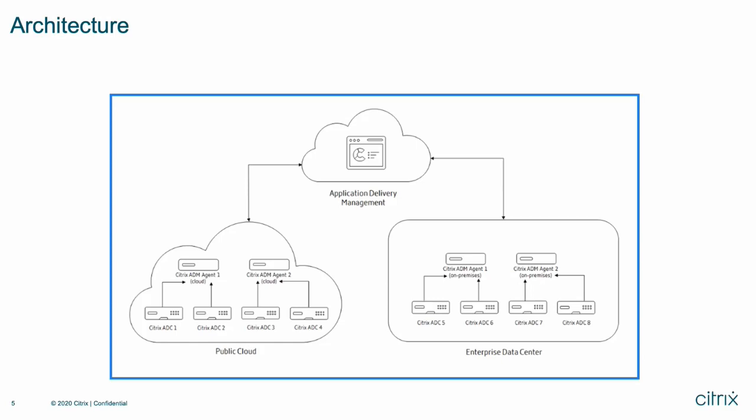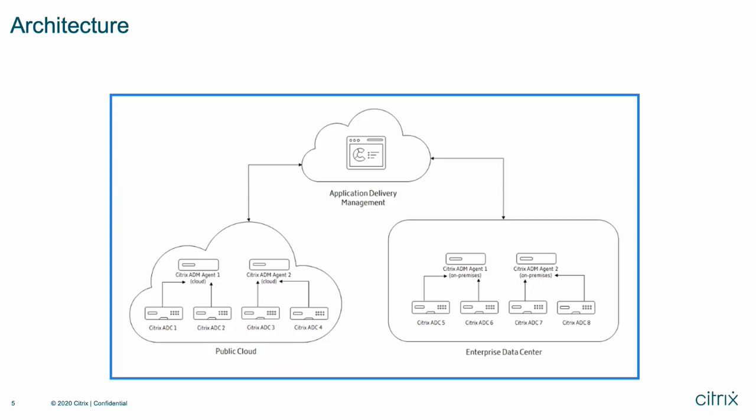Those agents would be deployed either in the cloud or on premises. The agent's purpose would be to facilitate that communication from each of the ADCs, collect analytical and statistical data about the ADCs being used, and of course to provide the licensing capabilities back and forth to the cloud service, so that we don't have each of the ADCs individually trying to make that connection. Yeah, that's just right.